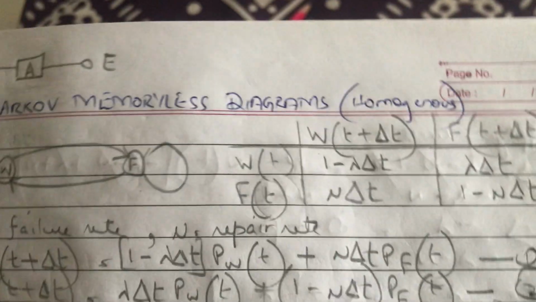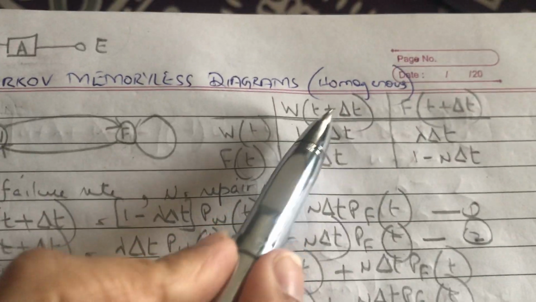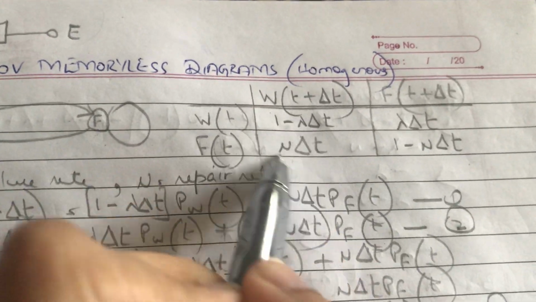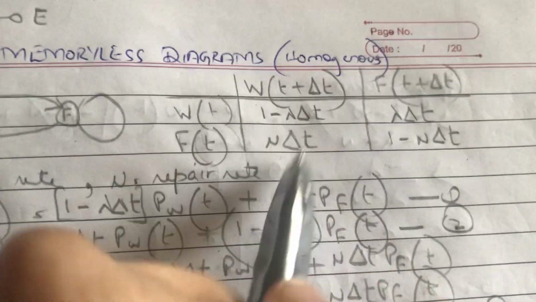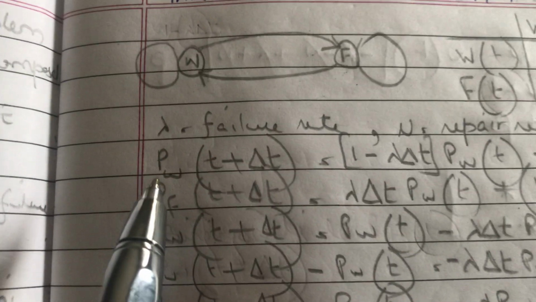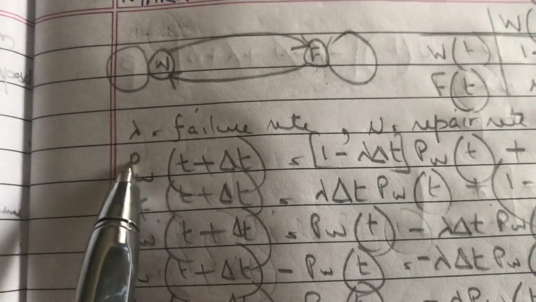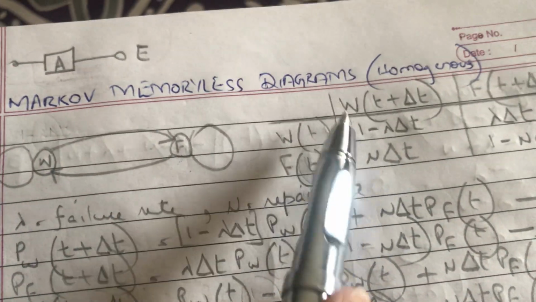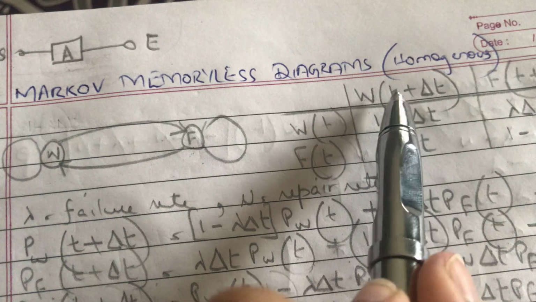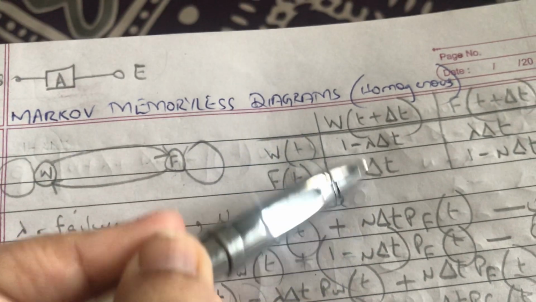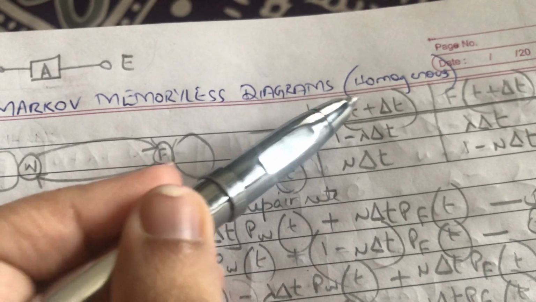Okay, so how can we keep these four things in the form of equations? First we have to keep them in the form of probabilities. So how can we define our probabilities? Our probability is the probability of the working condition at time t plus delta t. So we are talking about this: the probability of working condition at time t plus delta t would be all the things related to here, that would be in W of t plus delta t.